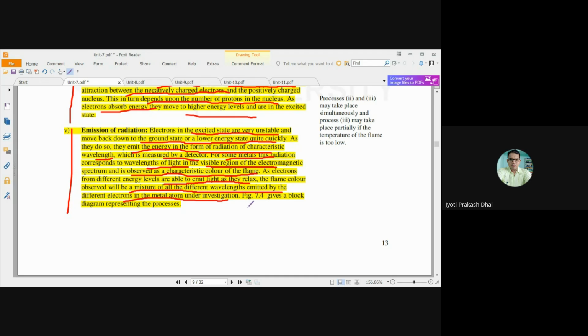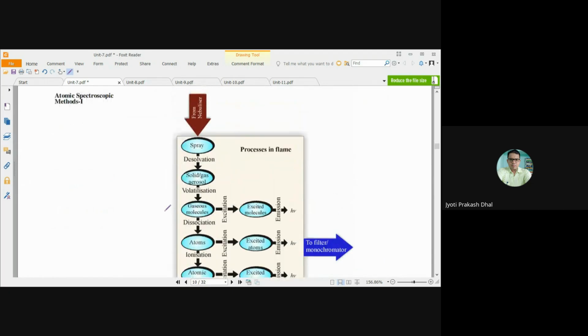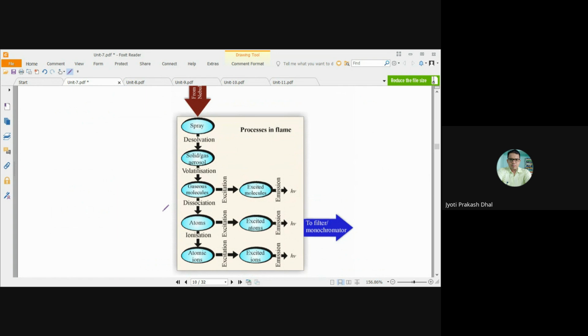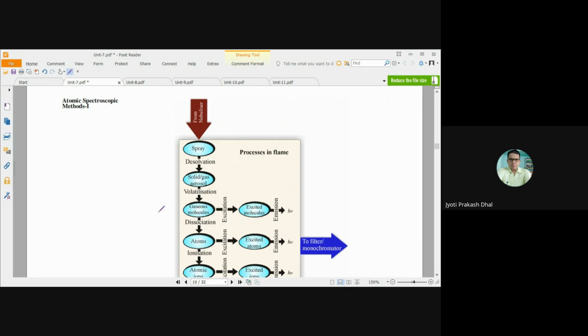under investigation. And this gives back the diagram of the total process, which is mentioned here. You can see, this is the diagram of the total process.